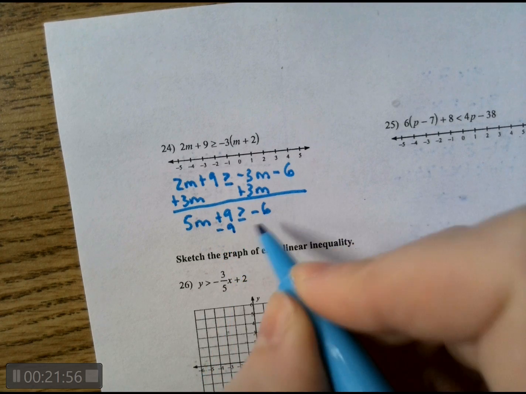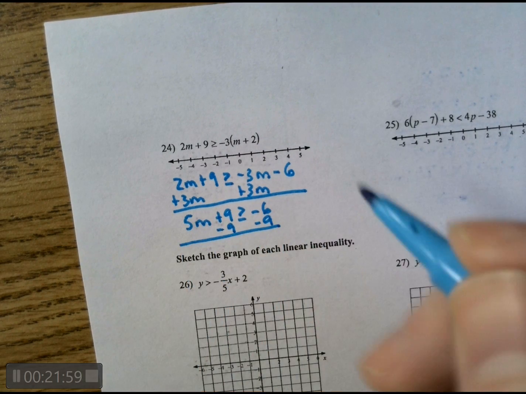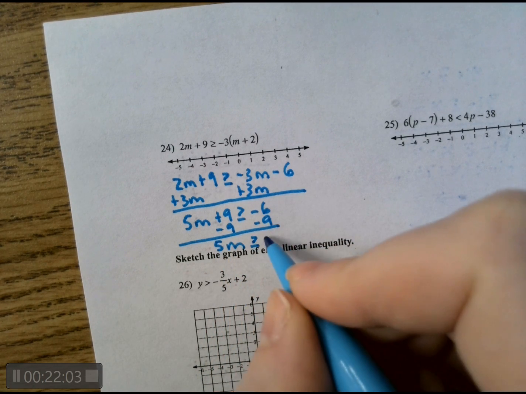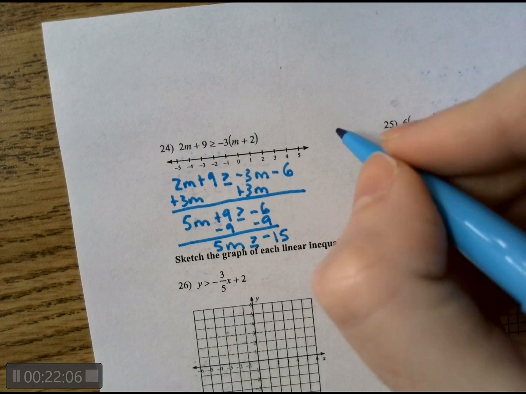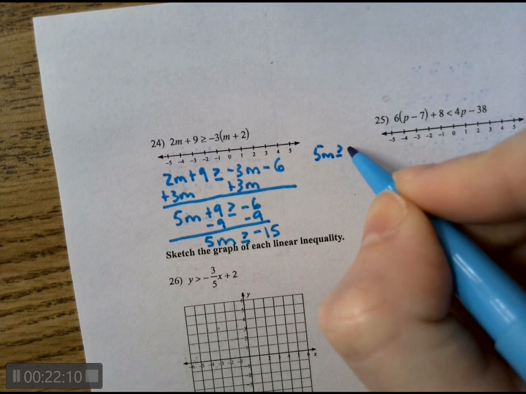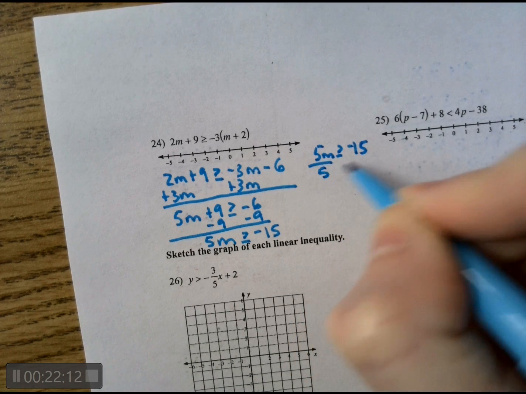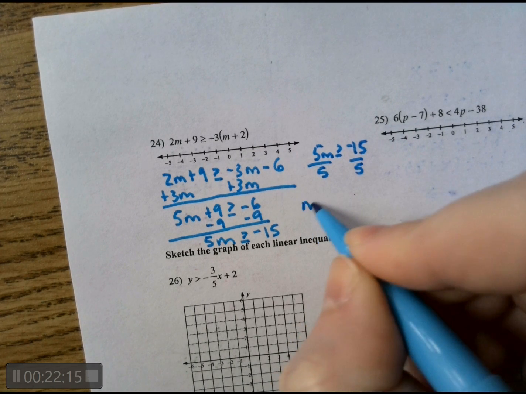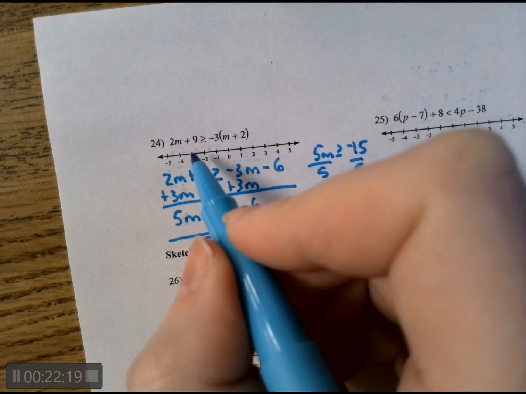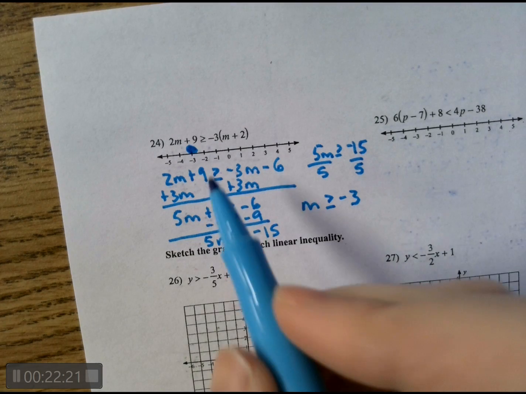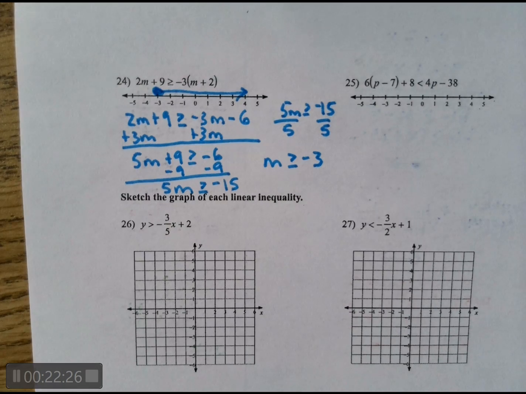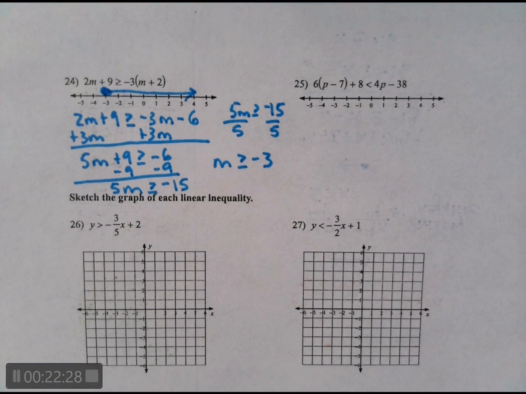I'm going to subtract 9 from both sides to get 5m is greater than or equal to -15. And then over here, 5m greater than or equal to -15, I'm going to divide by positive 5. So m is greater than or equal to -3. Okay. Alrighty.